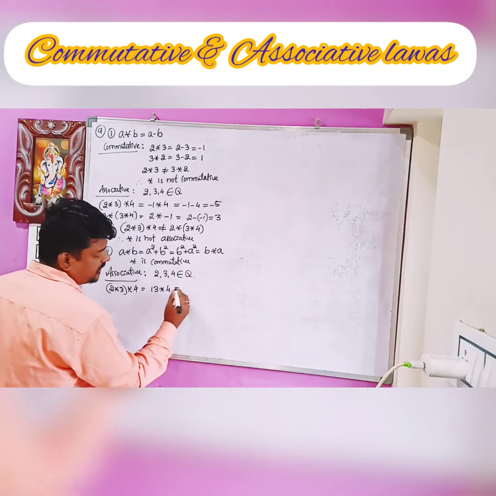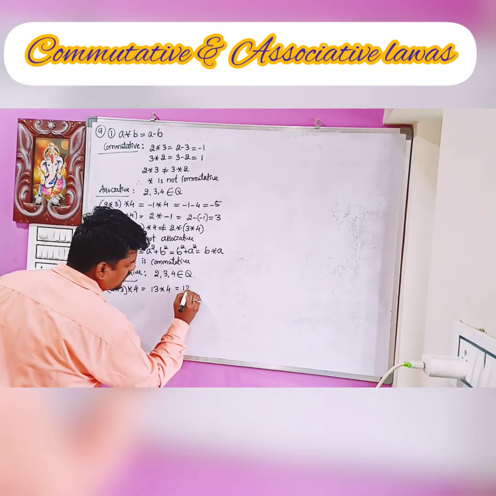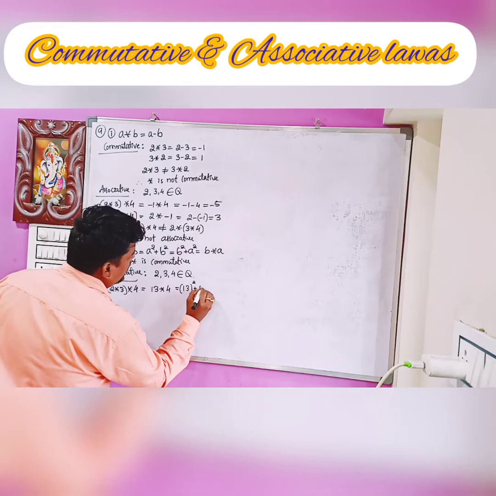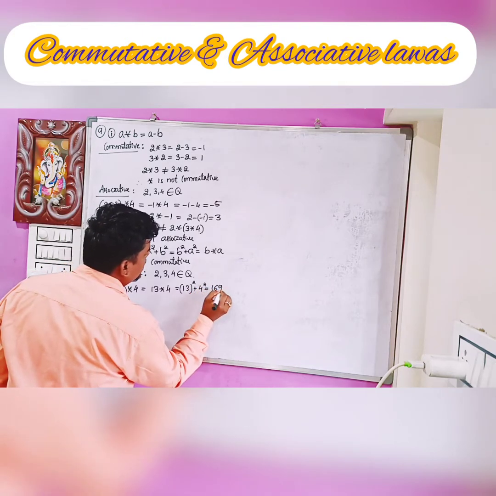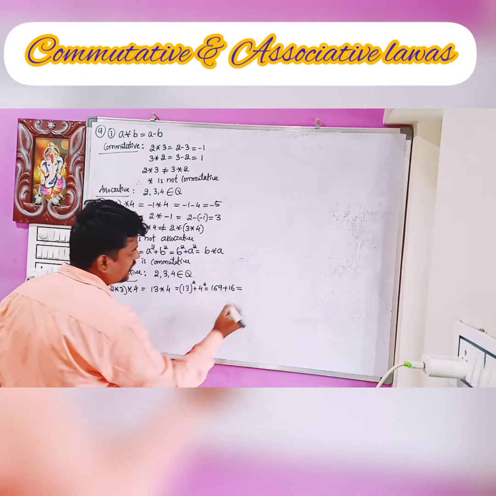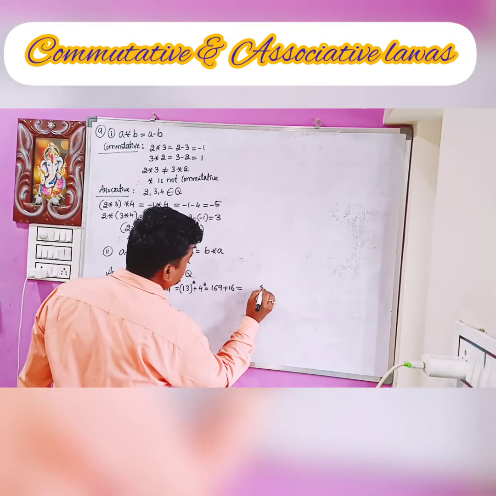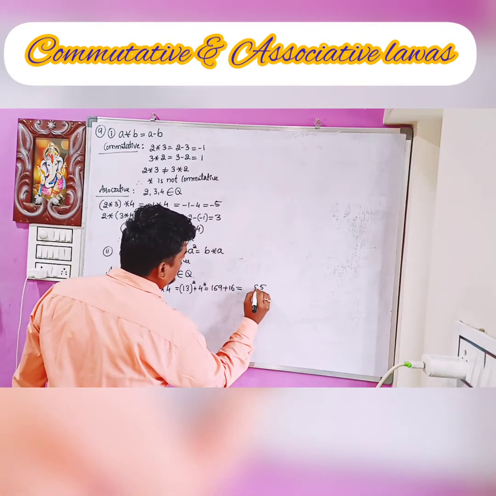Then 13 star 4 means 13 square plus 4 square, 169 plus 16, which is 185.